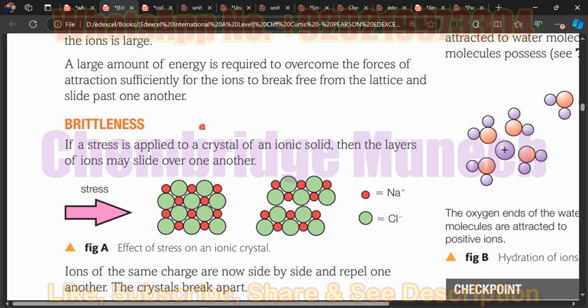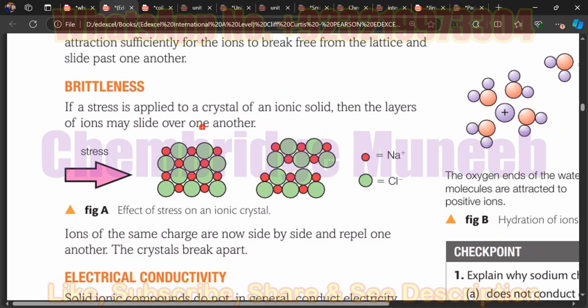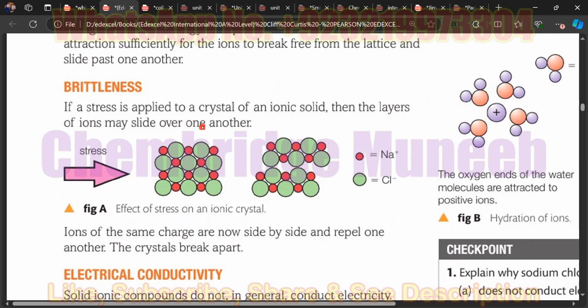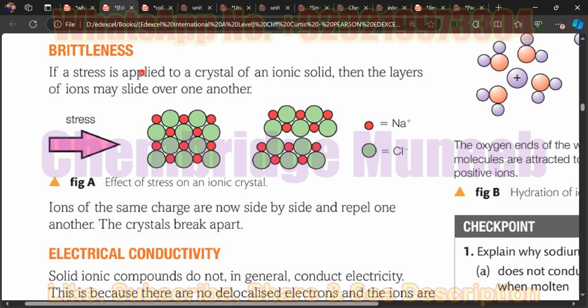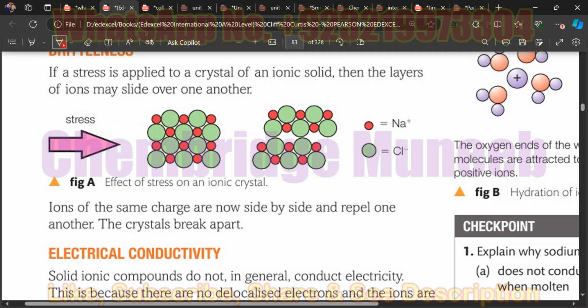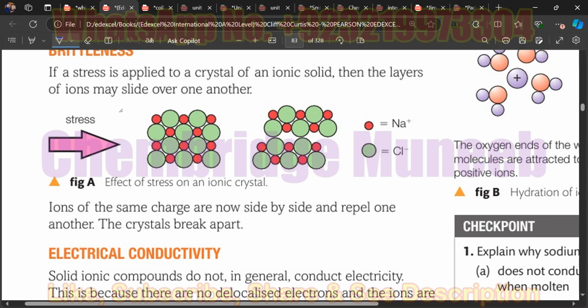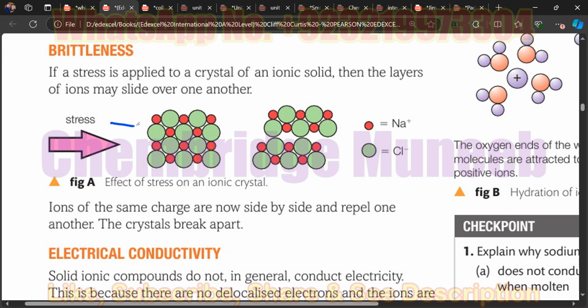All right, and then about the brittleness. This is the brittleness here. Brittleness means what? That whenever a force is applied on a part of the ionic structure, then one layer of the cations and anions slide past one another, and as a result, the similar ions come in front of each other.